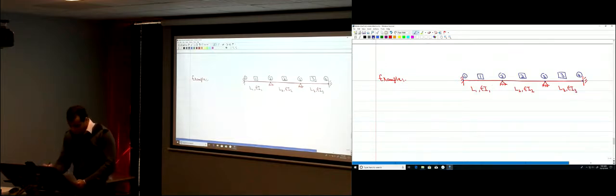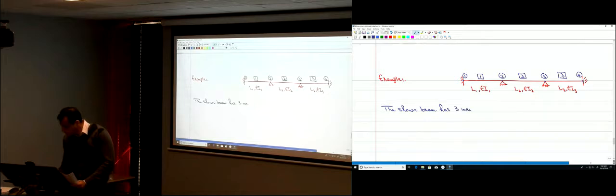So now, for the shown beam, it has 3 members, and we're going to denote them by the numbers in squares.